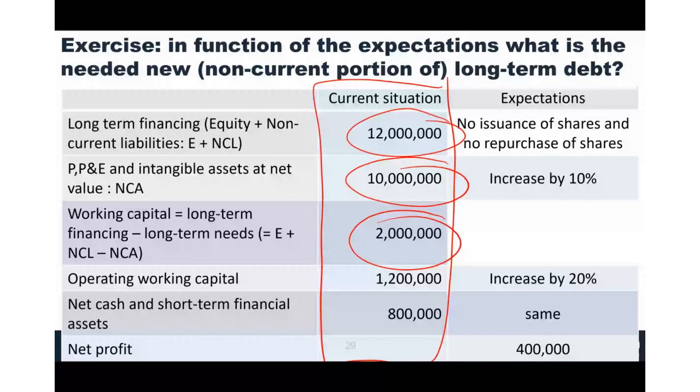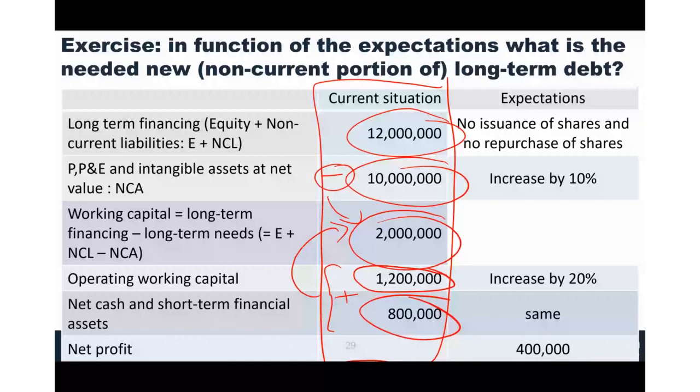We finance the operating working capital and the net cash. Is there a mistake here? No, no mistake. So we finance this one and this one, okay? So we have the net cash by difference, with the calculation from the long term, and we also have what we finance in the short term.